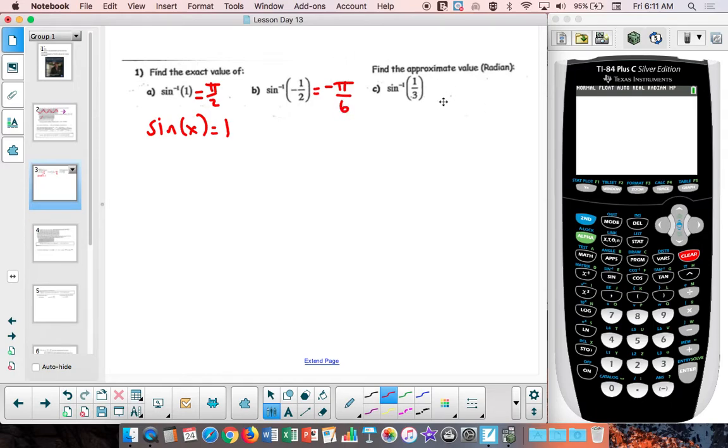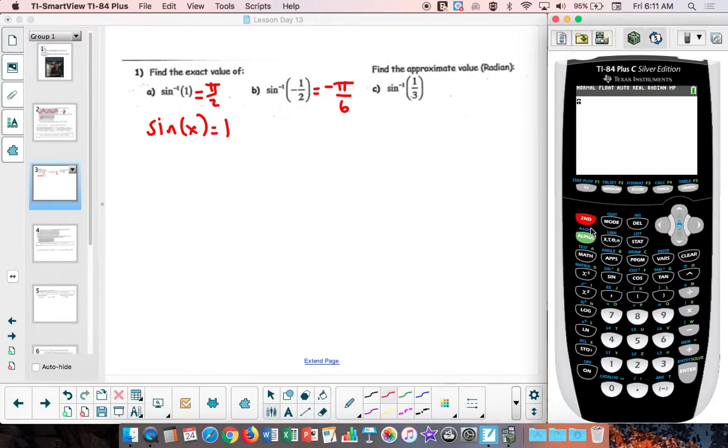Inverse sine of 1/3, we don't have that memorized, and it's a gross decimal, so you're just going to type it in your calculator. To get inverse sine, you hit second sine, which then comes up with the proper notation. Do not do 1 divided by sine. Remember, that's not the same thing. That's going to be cosecant, not the inverse sine. So we want 1 divided by 3.